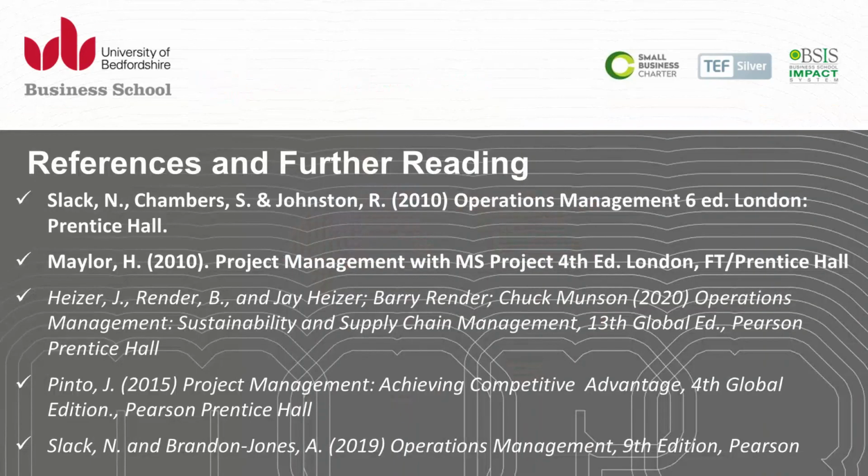You can also look into your textbook, core book, and reference book for getting a clearer conceptual understanding of today's topic, the operation strategy, and bringing it together with the three levels of corporate, business, and functional strategy, and how the product or service life decisions can be decided from the operation strategic point of view for the best use of resources, and what are the forces influencing the long-term, mid-term, and short-term decisions.